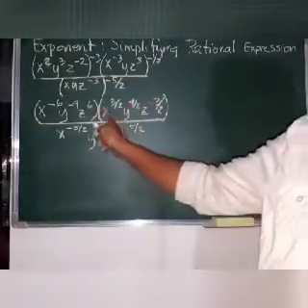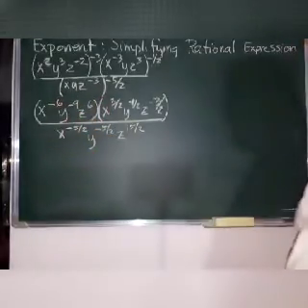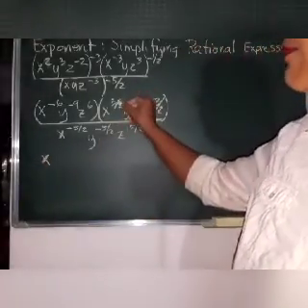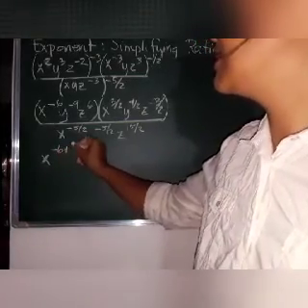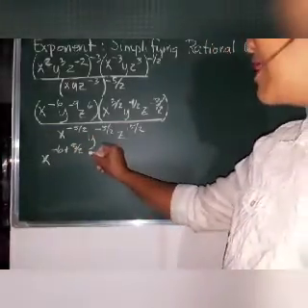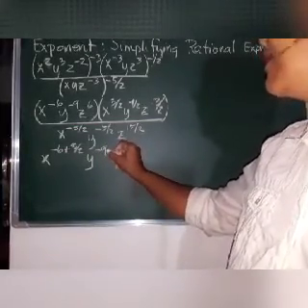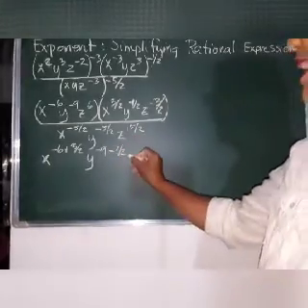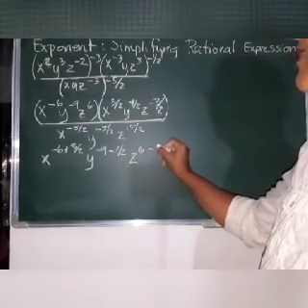Next, so sa taas muna tayo. Pag mag-multiply tayo ng ganito, so copy the base and then add the exponent. So copy x and x, so x na lang siya, and then add the exponent, so negative 6 plus 3/2. Okay, next, y, negative 9 plus negative 1/2, so negative 9, negative 1/2. Next ay z, 6 plus negative 3/2.